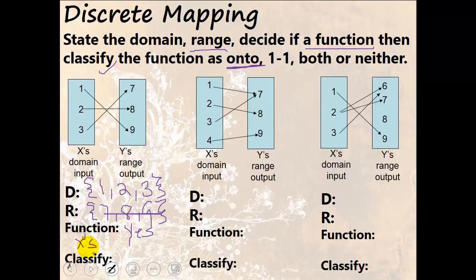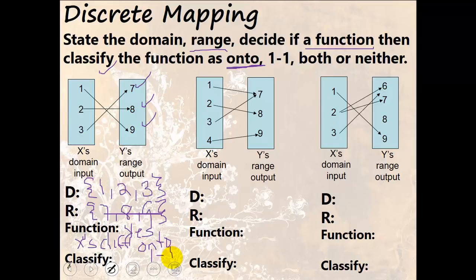So I just write x's are different. And then we have to classify it. Does every y go to an x? Yes, so it's onto. And is every y different? Yes, so it's one-to-one. This would be a both. I don't have room to write both, but write down both.